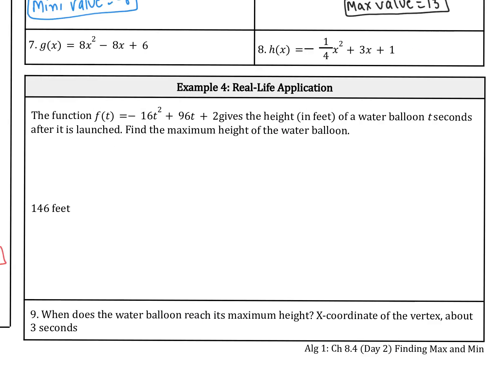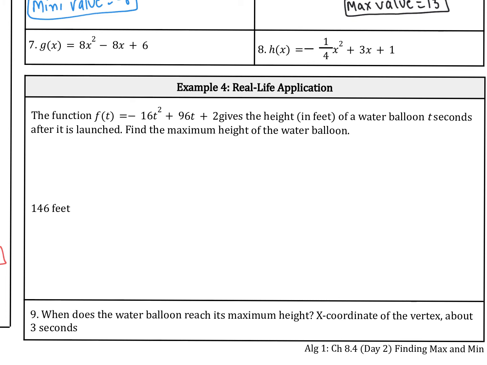Now we're going to do example number 4, a real life application. The function f of t equals negative 16t squared plus 96t plus 2 gives the height in feet of a water balloon t seconds after it is launched. Find the maximum height of the water balloon. To find the maximum height, we are going to find the vertex and the y coordinate of the vertex.